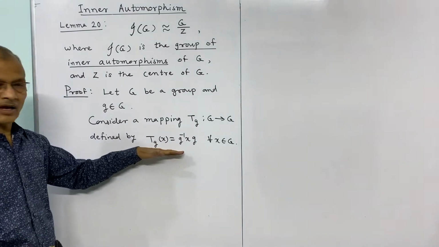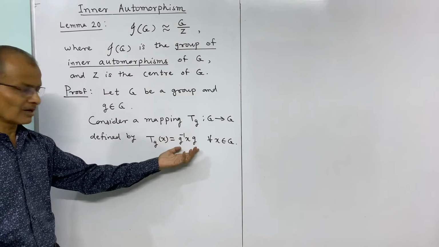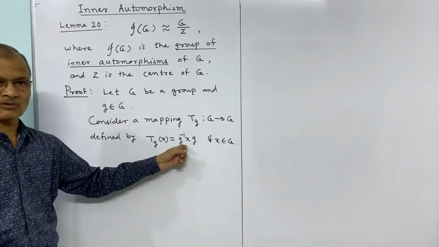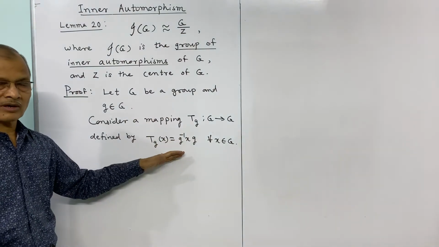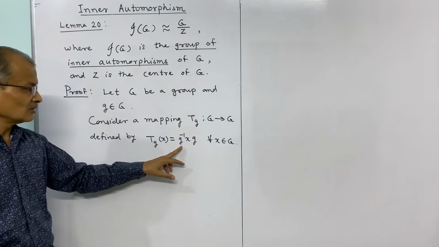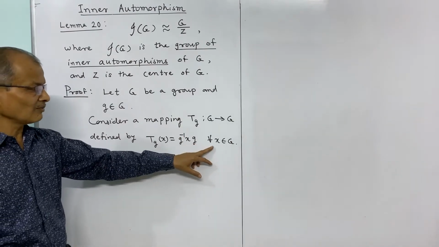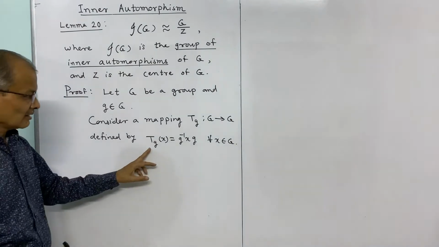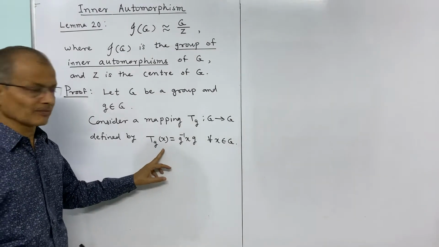Generally in an abelian group it is trivial, because xg is equal to gx and this becomes equal to x. But in case of a non-abelian group, this is different from x. Now we will show that this is an automorphism.